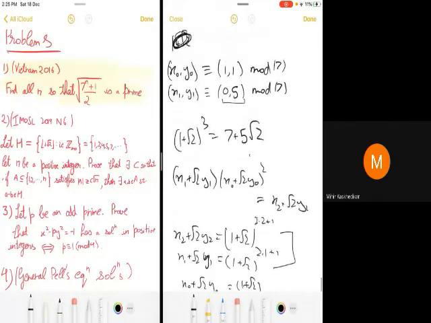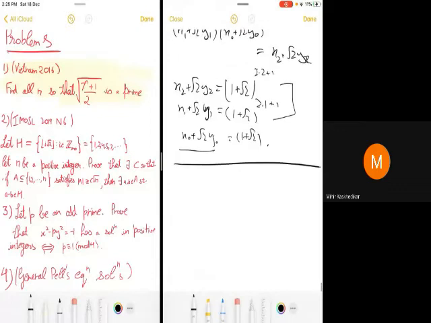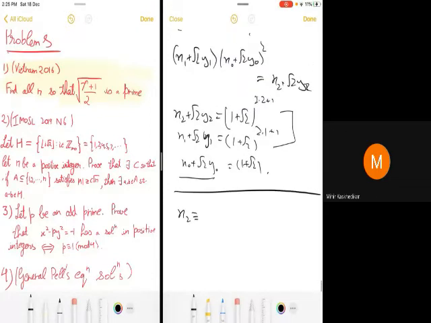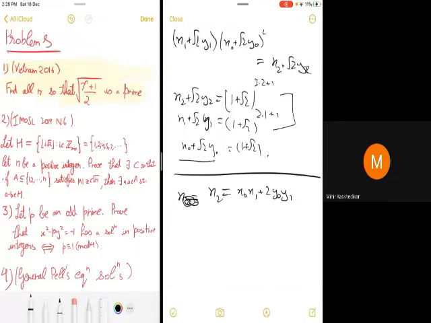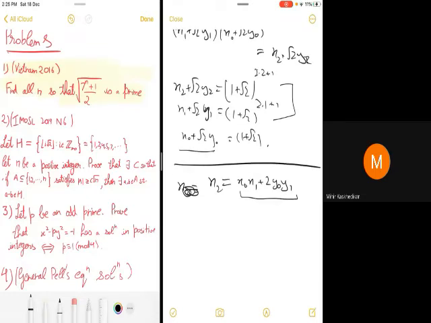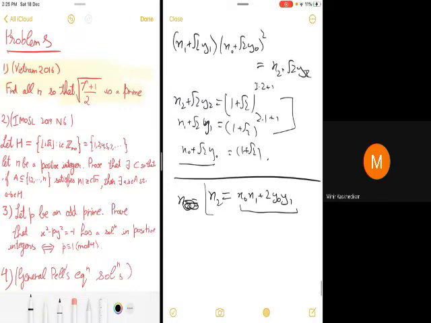And thus x2 is equal to x0 x1 plus 2 y0 y1, and these all remain the same under congruences. Like if x0 is congruent to something mod 7, x1 something, y0 something, y1 something, then this whole expression is congruent to that times that plus, modulo 7.